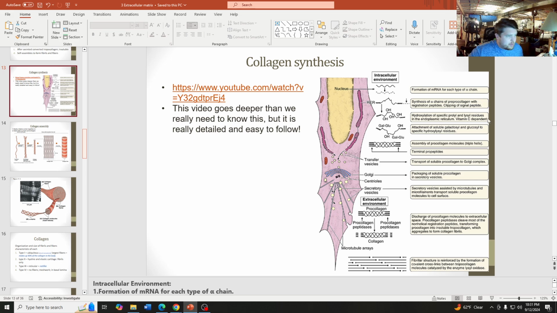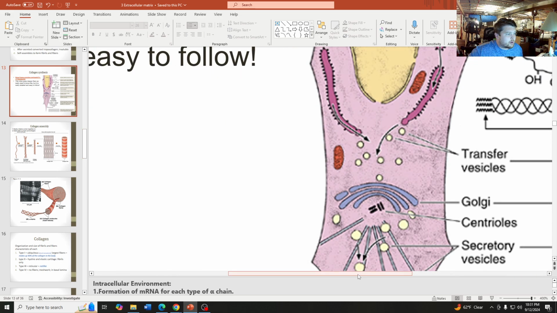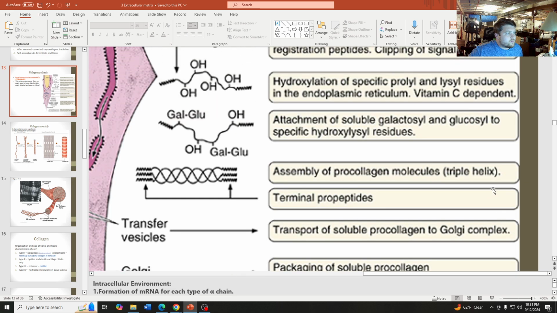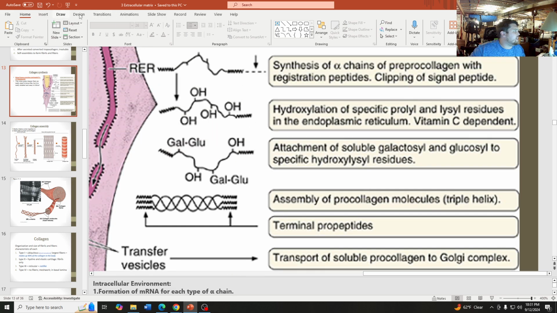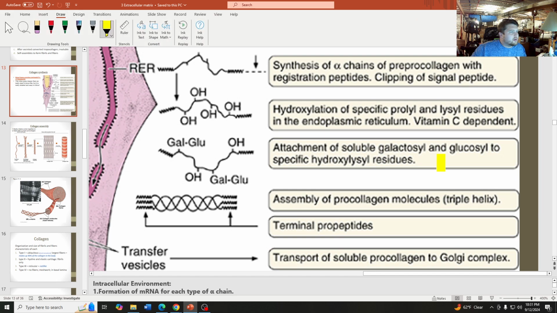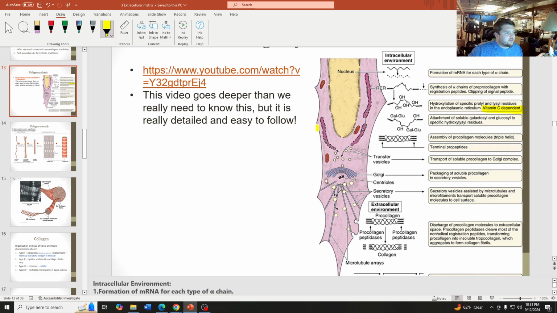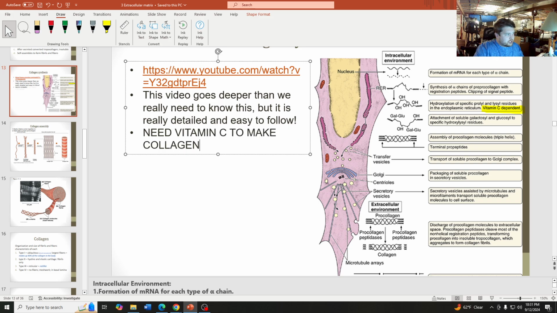From there, a big important thing that we need to remember. I don't recall this being tested on very much, but it could very easily make a test question. The formation of collagen is vitamin C dependent. So we need vitamin C to make collagen.